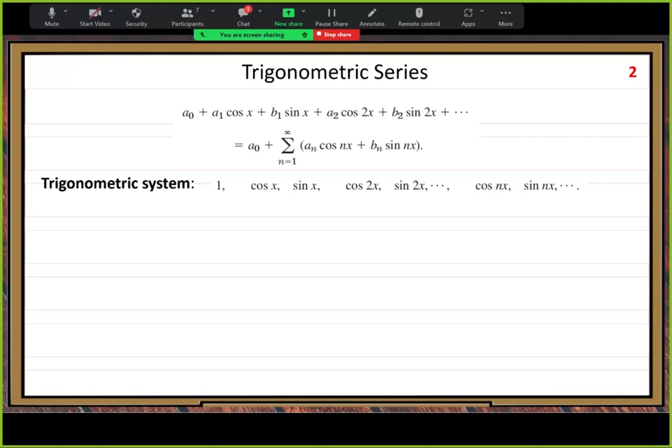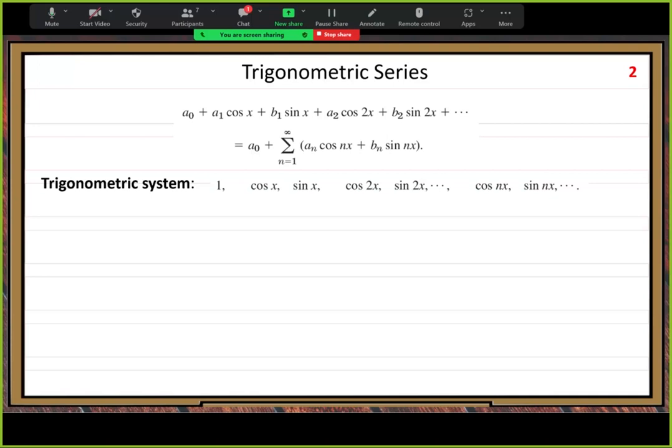We used the basis concept before, right? Actually, this system forms a basis for a certain function space. But that is probably too abstract, so we do not go too far. That's why our textbook does not mention the basis concept here.